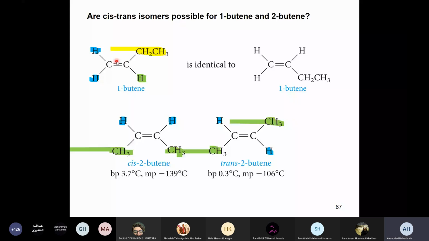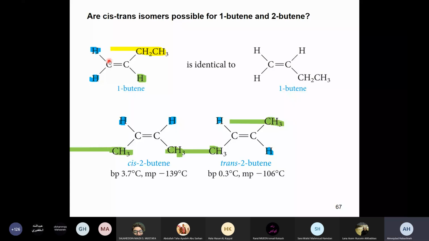You find that one of these carbons individually is connected to same group, so the double bond cannot be stereogenic center and the compound cannot have configurational isomers, which is cis-trans in this case.